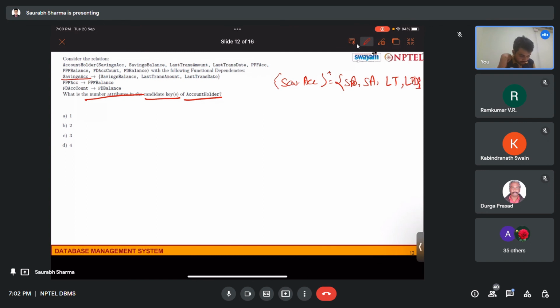Okay, these four are covered. Now what are we left with? PPF account, PPF balance. The next relation tells that PPF account has PPF balance. So if you take the closure of PPF account, there will be nothing but PPF account and PPF balance.